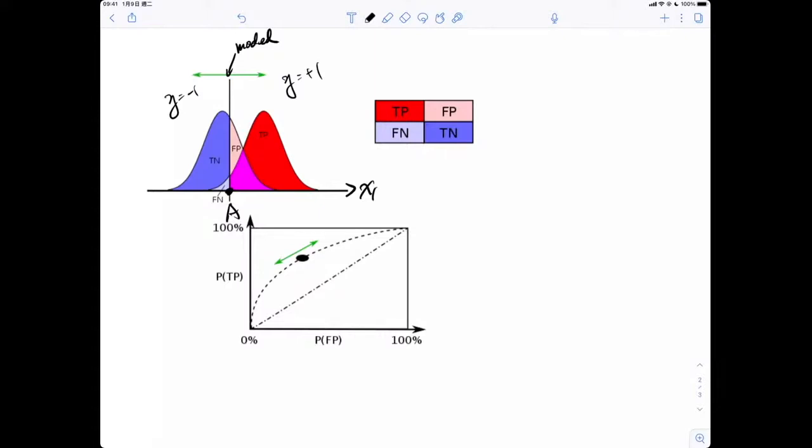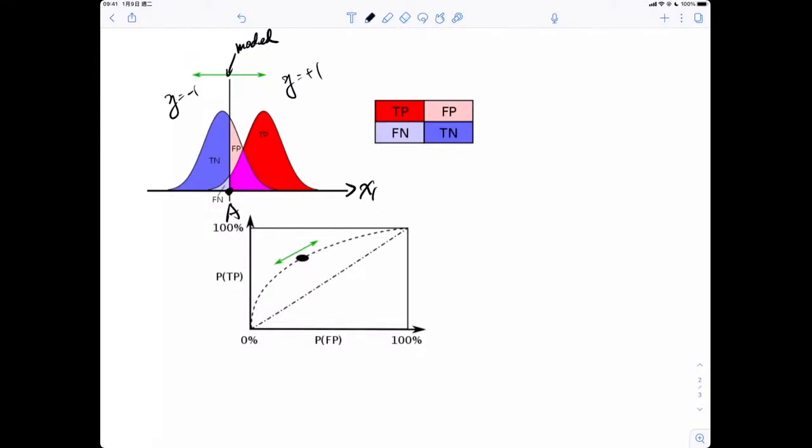And your model, the black line, says they are all larger than a, x1 larger than a, so they are true positive. However, if your model is very simple, like this one, just a line, just a number, cutting these data points into two parts, there should be false positive and false negative, which is marked as these two areas.